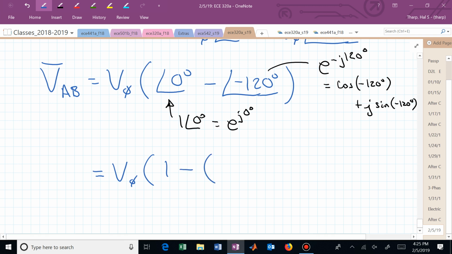And now I'm going to expand that angle of minus 120, which I've just done. That's now in rectangular form, cosine of minus 120 degrees plus j sine of minus 120 degrees. Need to make sure I have enough parentheses here.